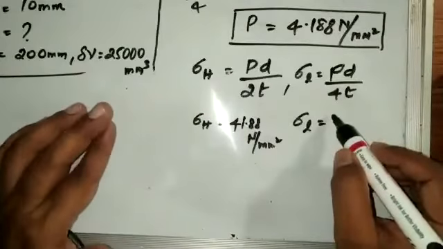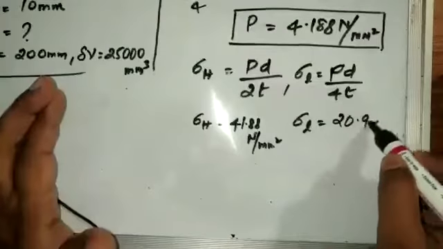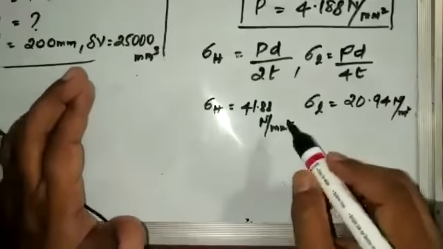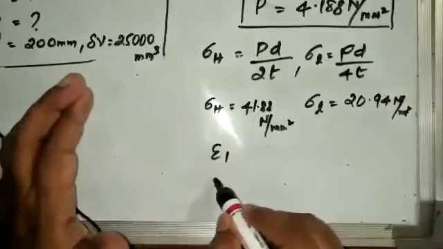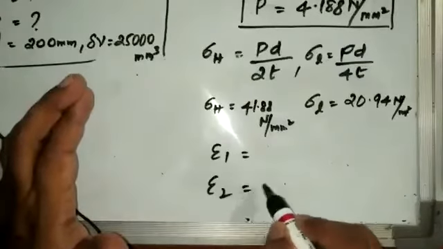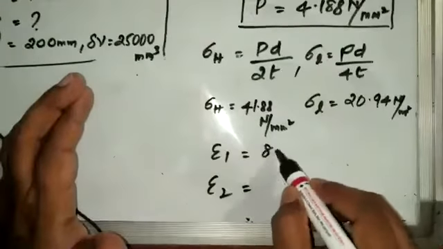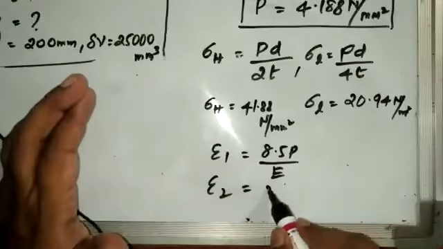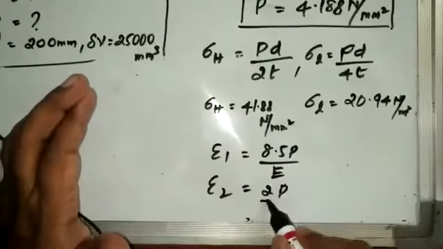And sigma L is 20.94. Yeah, half of this, correct. What about epsilon 1 and epsilon 2 strains, which are 8.5 P upon E and 2 P upon E, correct?